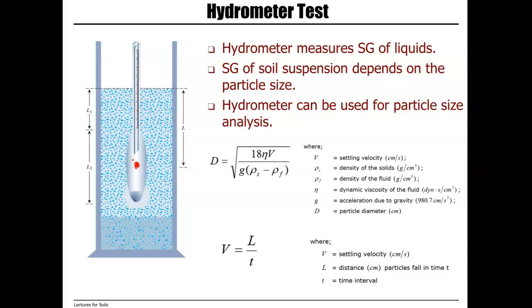Hydrometer moves. So what we do is that we measure at different times. At time t, we measure L, the distance that the hydrometer moved. Using time and distance, we can calculate velocity.